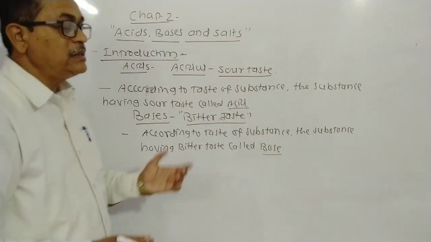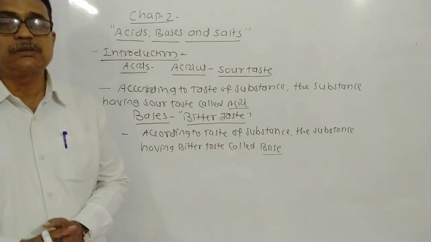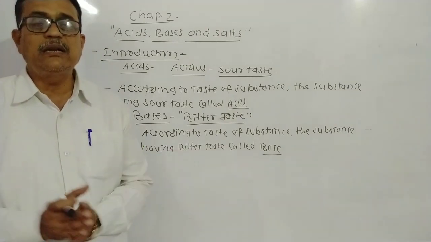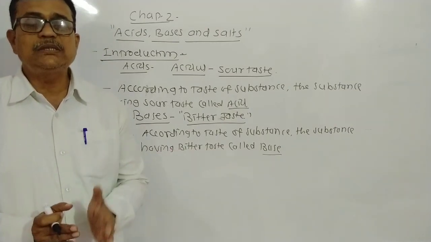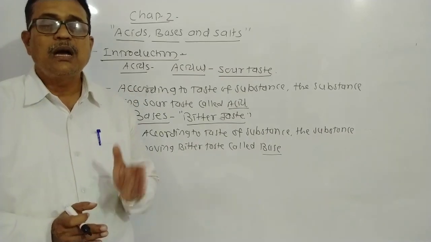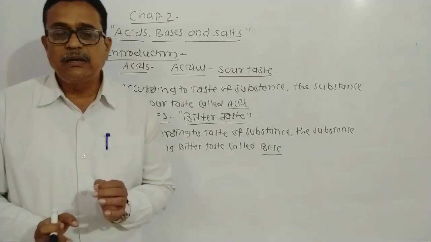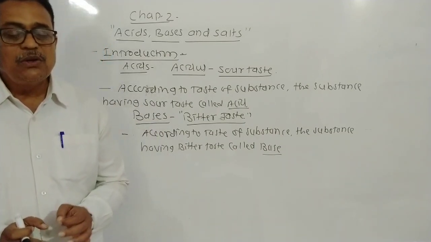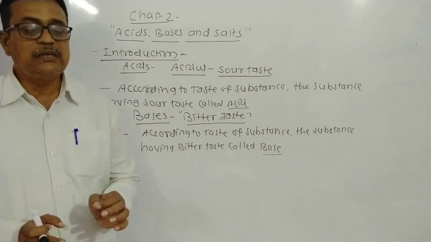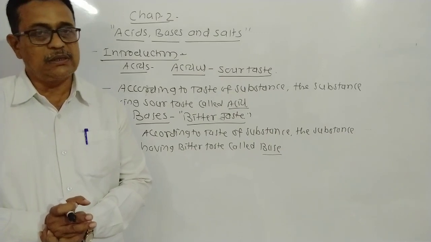You know, according to the taste of the substance, we can differentiate the nature of the substance, which substances are acids and which substances are bases. In this way, dear student, in this chapter we study what are the acids and what are the bases.